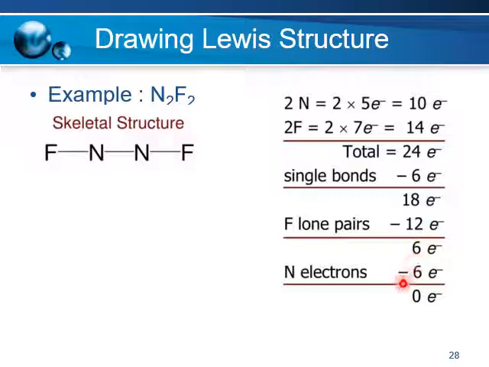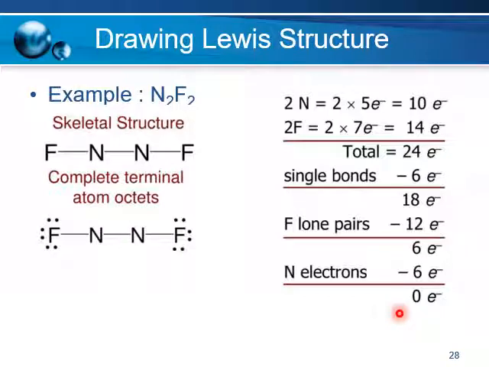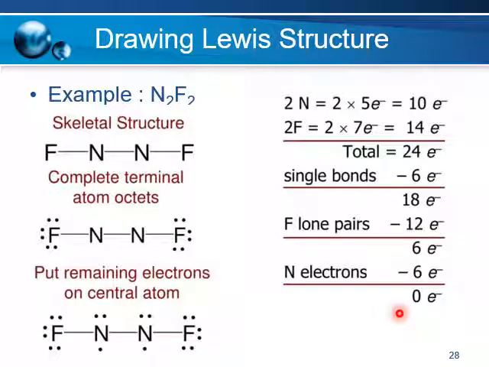So the N electrons will be 6 as well. Minus 6 here, so we get 0 electrons. Now the complete structure will become like that. Because nitrogen is 5, we have 3 remaining electrons here.